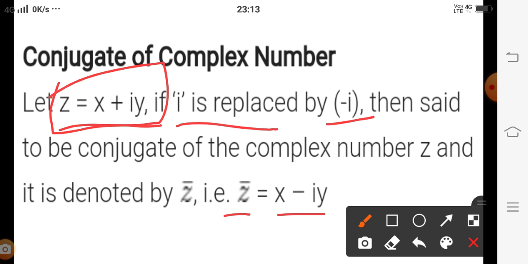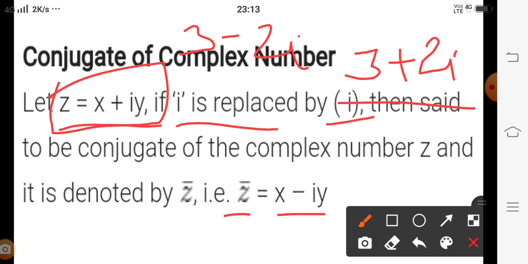For example, if the complex number given is 3 minus 2i, then the conjugate is directly 3 plus 2i, only changing the sign of the imaginary part. Suppose the number is minus 3 minus 2i, then its conjugate is minus 3 plus 2i. Again we are just changing the sign of the imaginary part only.